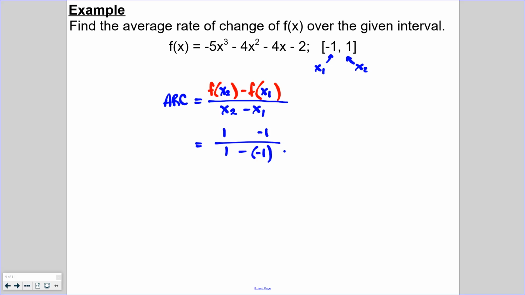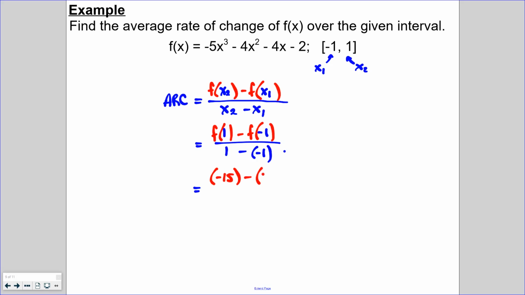So we can go ahead and plug that into our formula, leaving us with f of 1 minus f of negative 1 all over 1 minus a negative 1. And then from here we can use that calculator trick again. So we can plug our function into y equals, go second graph to get to the table, plug in 1 and negative 1, and we'll find out that f of 1 happens to be negative 15.